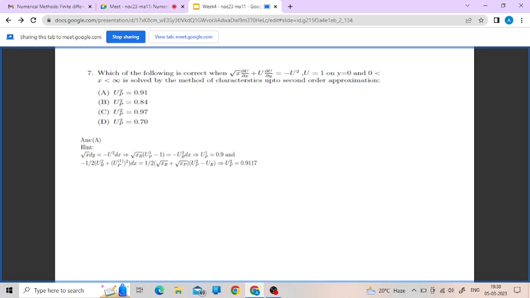So here, as we have been given root x del u by del x plus u del u by del y equals minus u square, on solving you will get root x dy equals minus u square dx. Apply the characteristics. First get to the step root x dy equals minus u square dx.